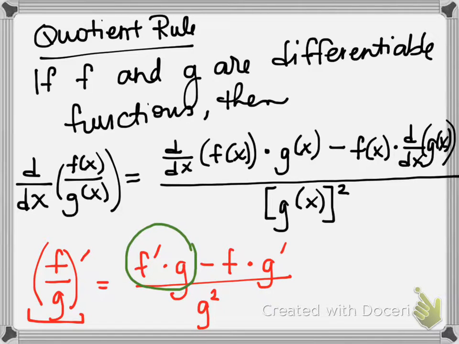Take the derivative of f times g by itself. This time I'm going to subtract f times g prime. Instead of adding, I'm going to subtract f times g prime. So the order that you find the derivatives really matters in the numerator. And then we divide by the denominator squared.